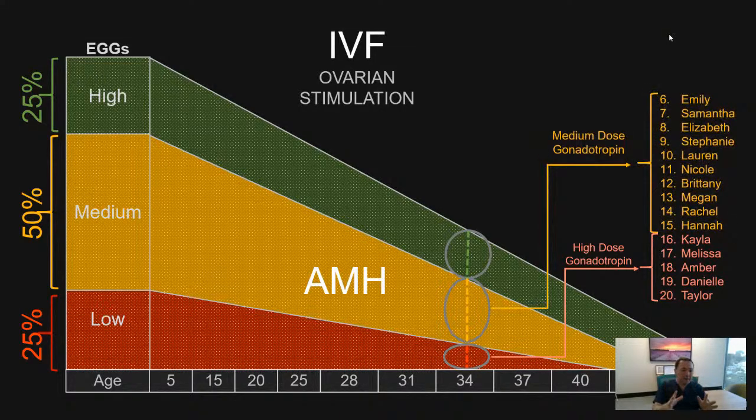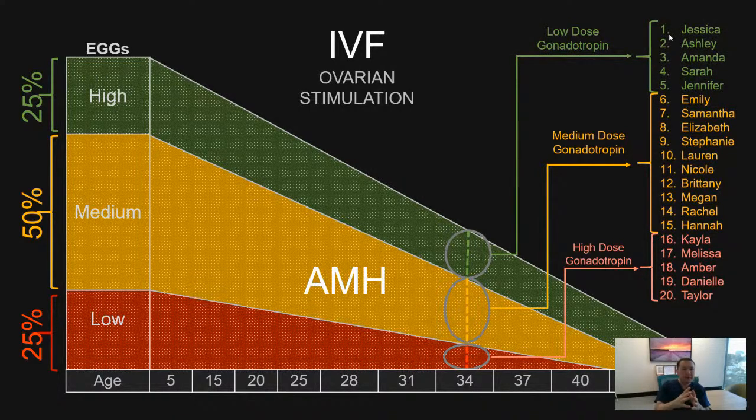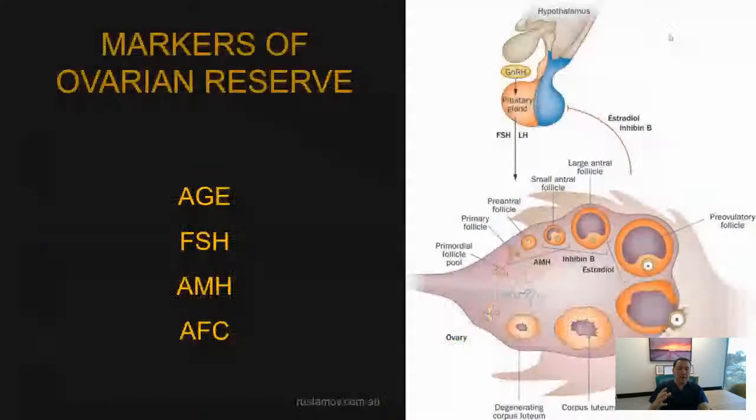In these 10 patients with a normal ovarian reserve or normal AMH, we should give a normal average dose of FSH gonadotropin. In these 5 patients, Jessica, Ashley, Amanda, Sarah, and Jennifer, we should give a low dose of gonadotropin hormone because they have a high ovarian reserve. If we give them a high dose of gonadotropin, they may end up having ovarian hyperstimulation syndrome.